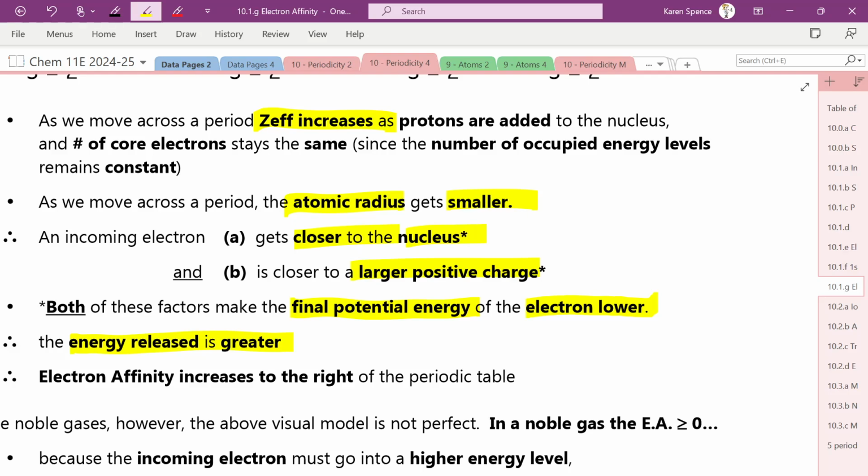Why are O and F different than N? They're going up? Oh, because when we get to O, we have extra Z and we have a smaller radius. So N is kind of a medium Z, yes?